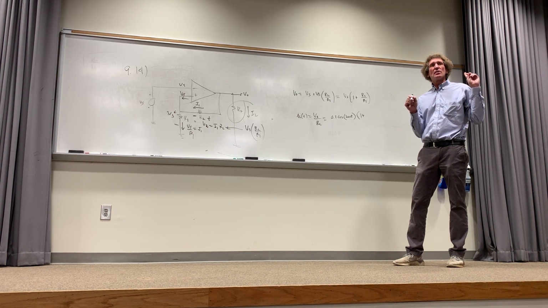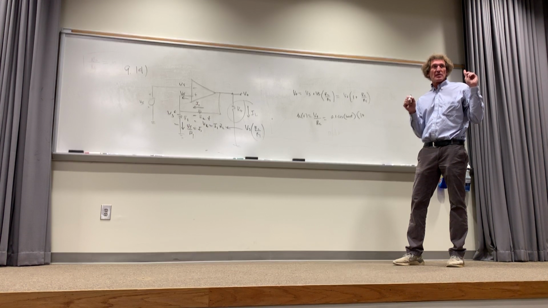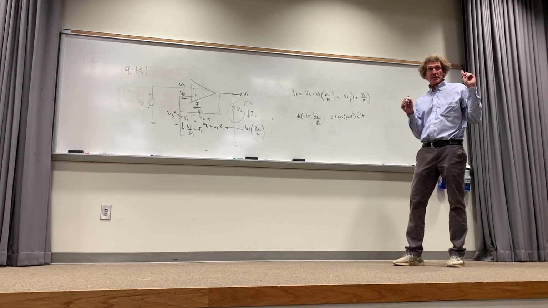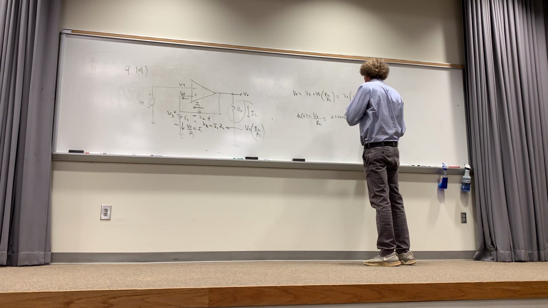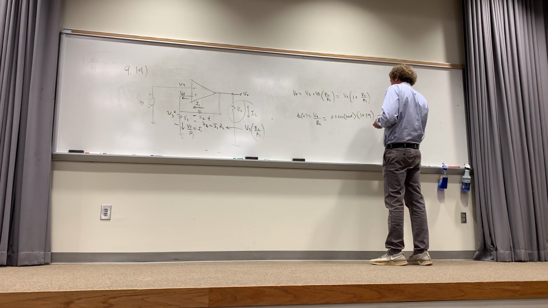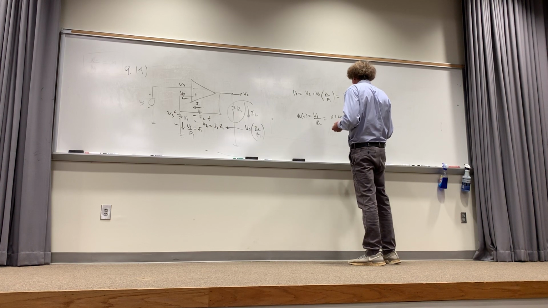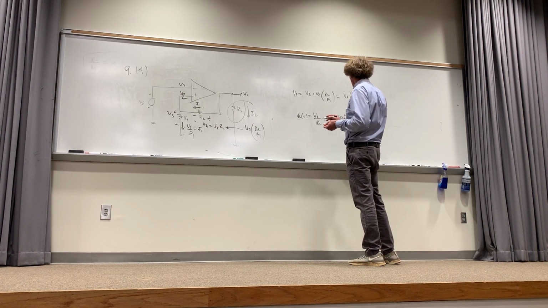I can't hear. R2 is 3.8K and R1 is 200 ohms. And what do you get when you divide those two? 19. Yeah, so V out is just 2 cosine 2000t. So that means I have that, and I divide that by RL, and what is RL?